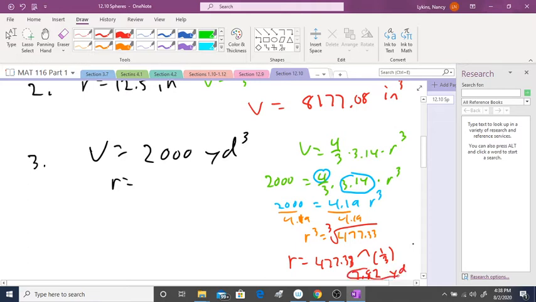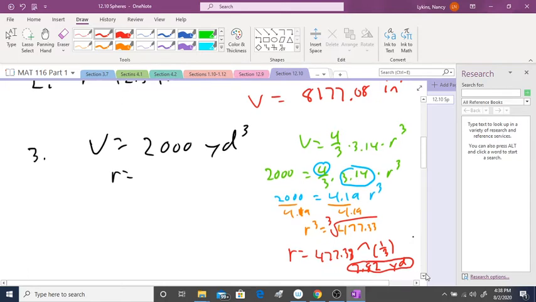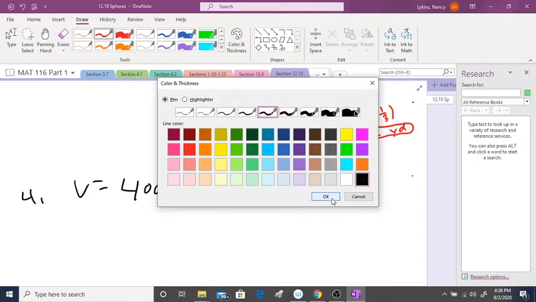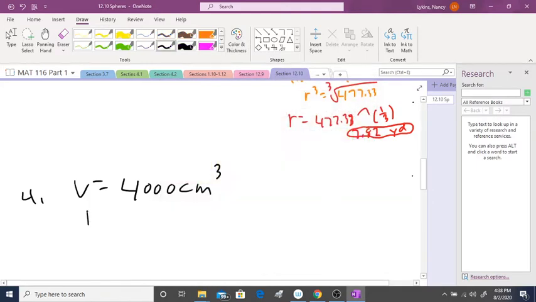So on this one, you may have to repeat this example a time or two. We can practice this on our next one. I'm doing our volume. Now it's going to be in centimeters cubed.